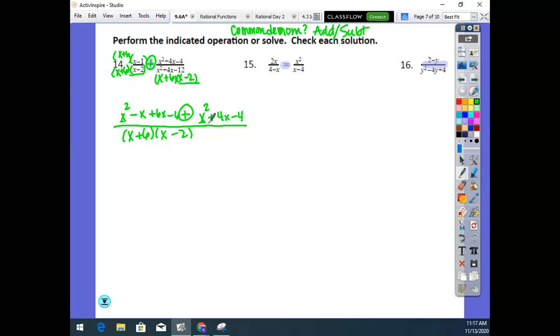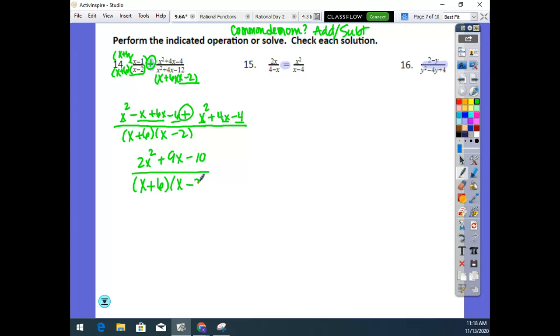So x squared and x squared is 2x squared. Negative x plus 6x is 5x, plus 4x is 9x. Negative 6 plus negative 4 is negative 10, over my common denominator of x plus 6, x minus 2. Final answer.